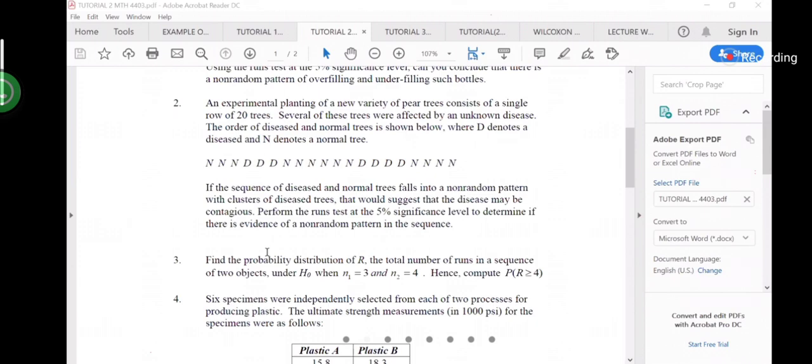Have you done this? What do you get? 0.79997.